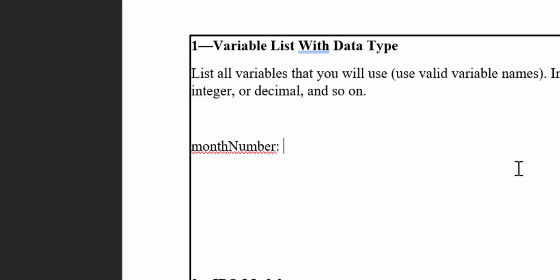Well, we could say a real, and a real is possible, but we know months don't have fractions, so the best choice is an integer. The other variable is the month string, and that's pretty obvious because I already included the word string. Now, in some languages, there are no strings. There are arrays of characters or groups of characters, and that's really what a string is.